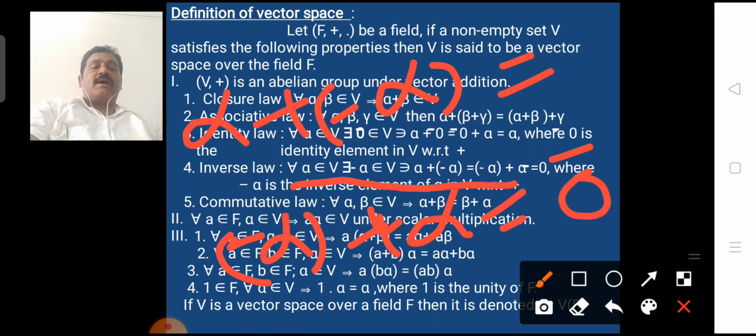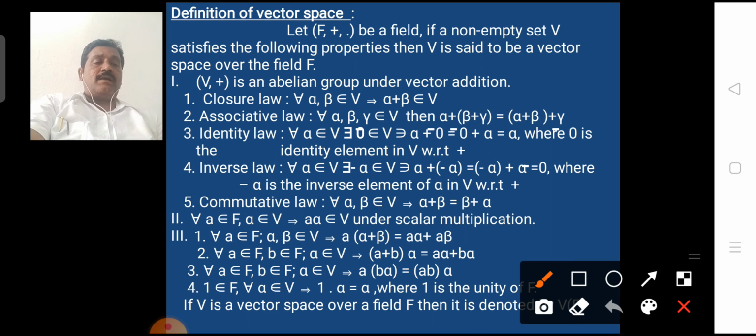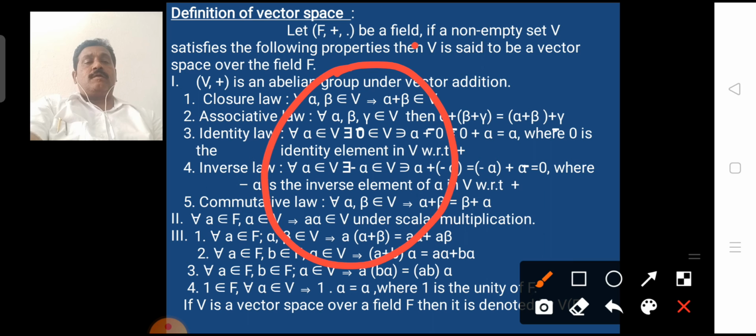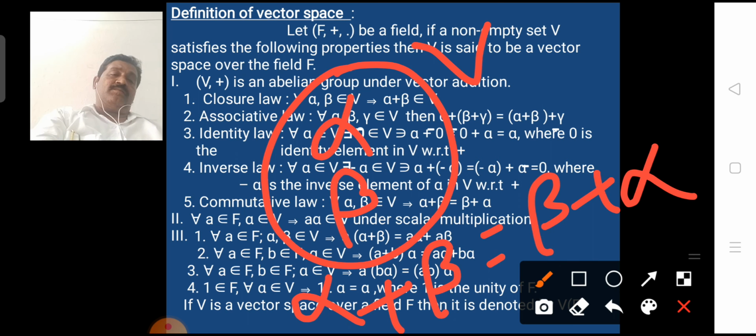And the fifth one is commutative law. That is, if you take any two elements in the set V, alpha plus beta is equal to beta plus alpha. This is called commutative property.